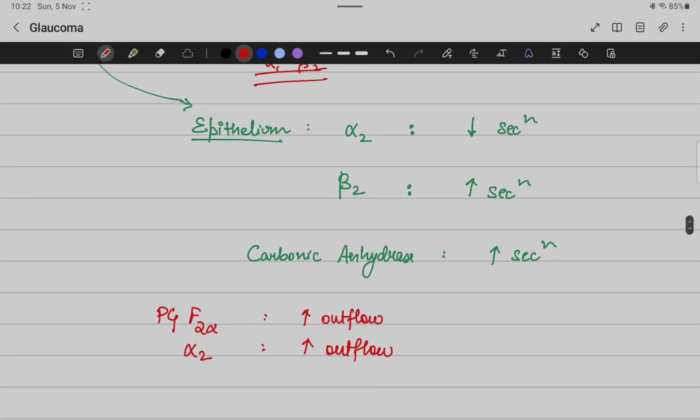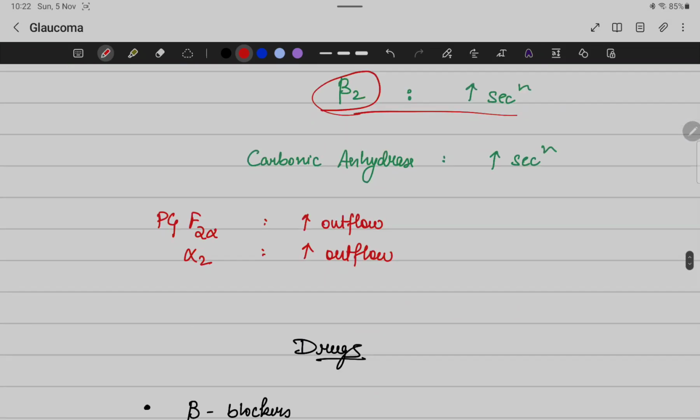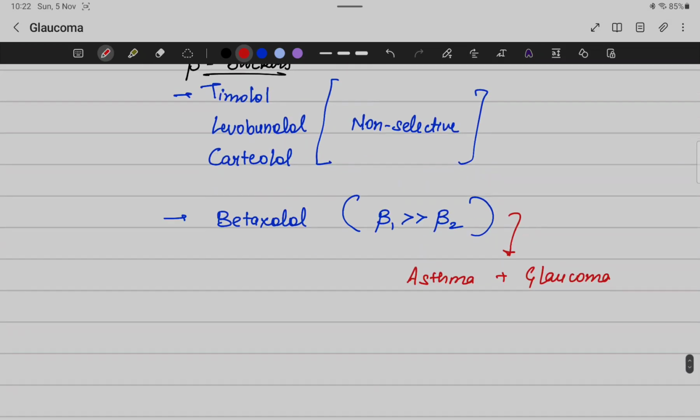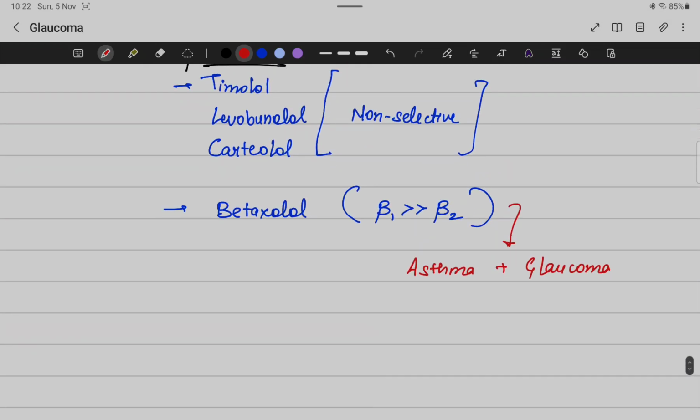These are beta blockers, and we just saw that this beta receptor was present, which was increasing secretion, and other beta receptors are also present. So if you block these, it will lead to decrease in intraocular pressure.